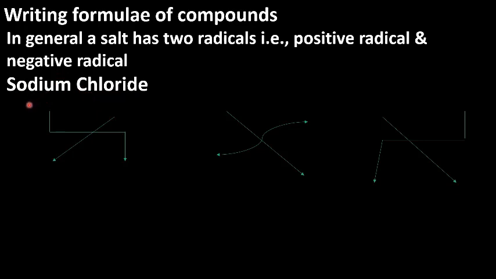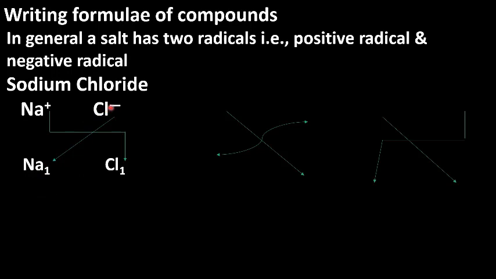What is the radical of sodium? Na plus, chloride radical Cl minus. Observe here, sodium has 1 unit of positive charge, chloride has 1 unit of negative charge. That means numerically the charges are the same, 1 unit each. In such cases, whenever you write the formula, the magnitude of the charge of the positive radical should be given to the negative radical and vice versa. That is, the magnitude of the charge of the negative radical should be given to the positive radical.